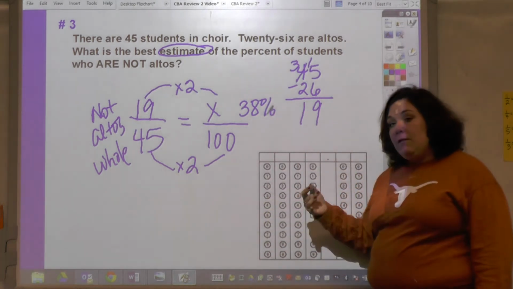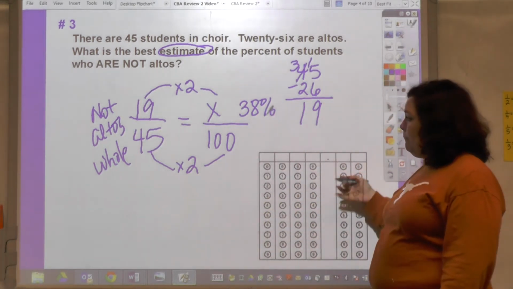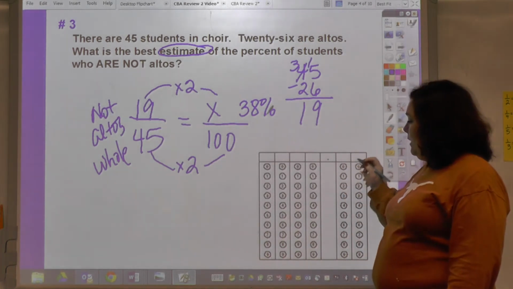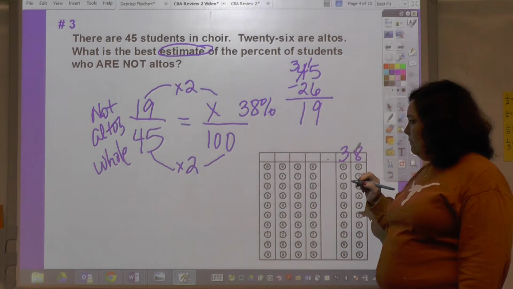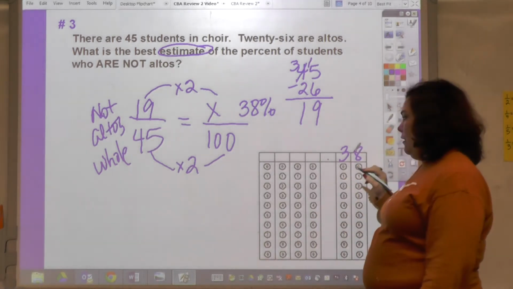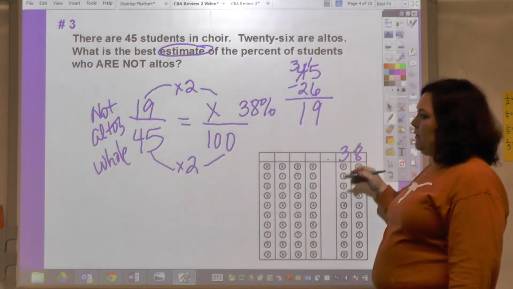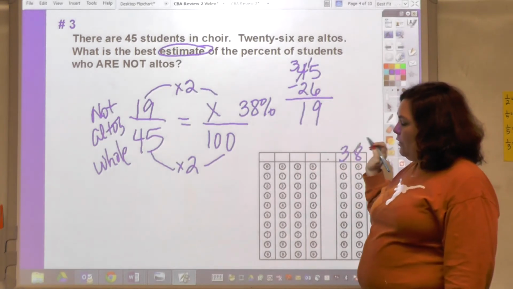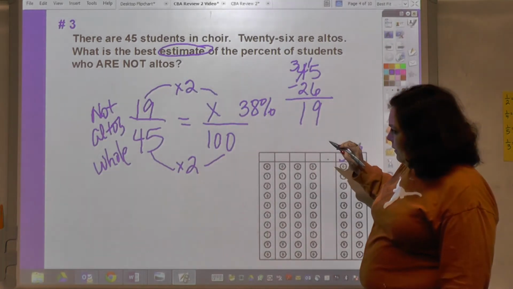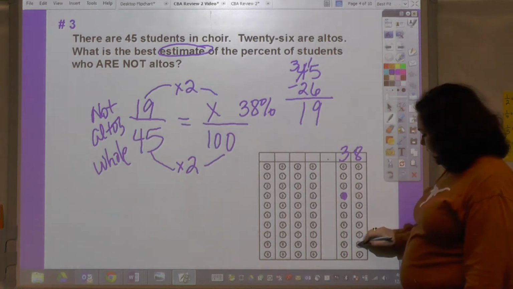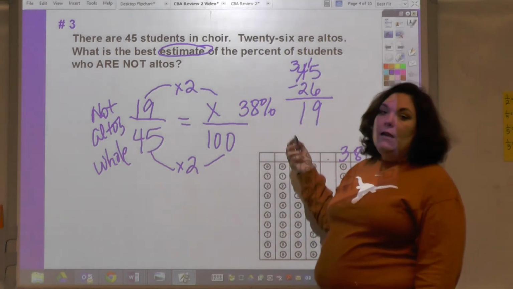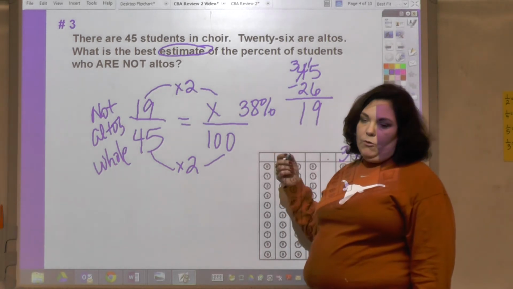Now, whenever I go to put this in a griddable, there's no way to say percent, so it would really be 38 hundredths. But you're not going to have to grid any percentages on the CBA, but that's how you would do it. But it would be best estimate, and you'd be selecting from multiple choice.